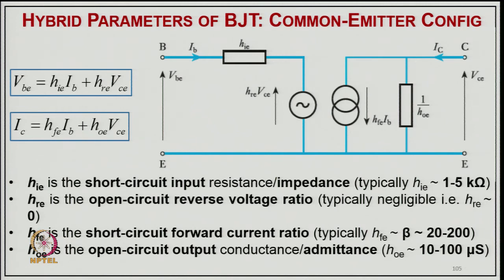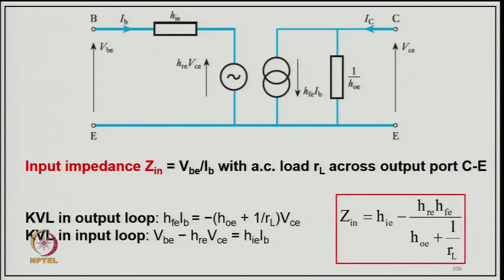So, these are the typical values for a common emitter transistor circuit, and the input impedance Z is VBE divided by IB with the AC load resistance across the output port here, CE. Applying KVL in the output loop, we can say HFE IB will be equal to minus (HOE plus 1 upon RL), that is the complete admittance, multiplied by VCE, the voltage applied across here.